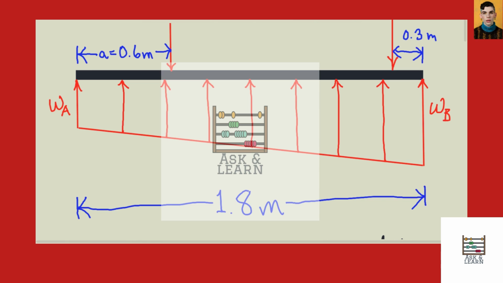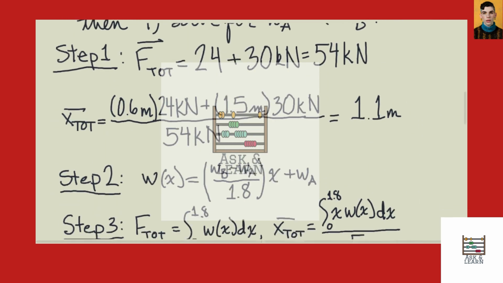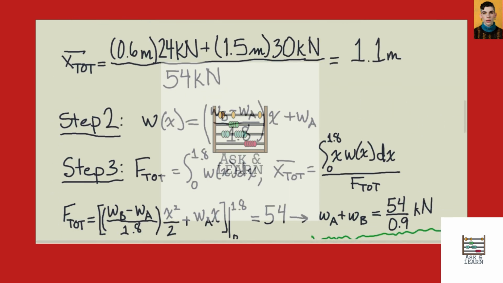Our offset is the y coordinate when x equals 0, and for us, that is simply W sub A. So we have the force density written as a linear function: lowercase w of x equals x times the difference divided by 1.8, the difference between the two force density values at the extreme ends of the beam, plus the offset W sub A.